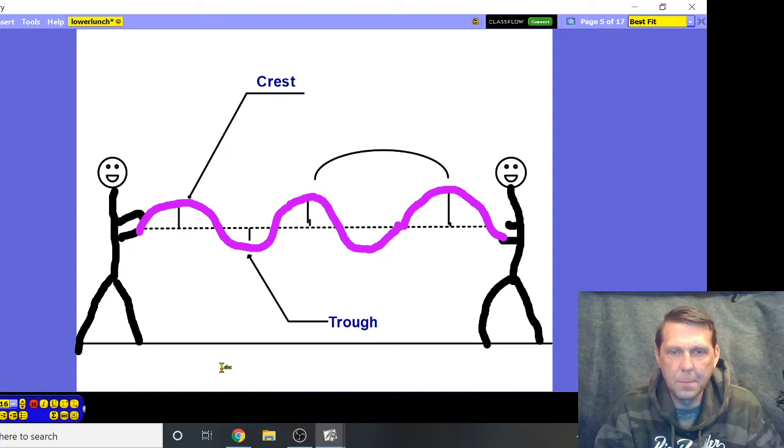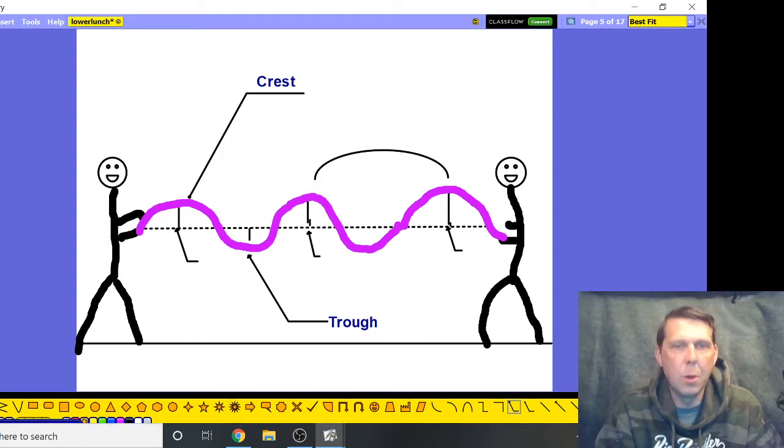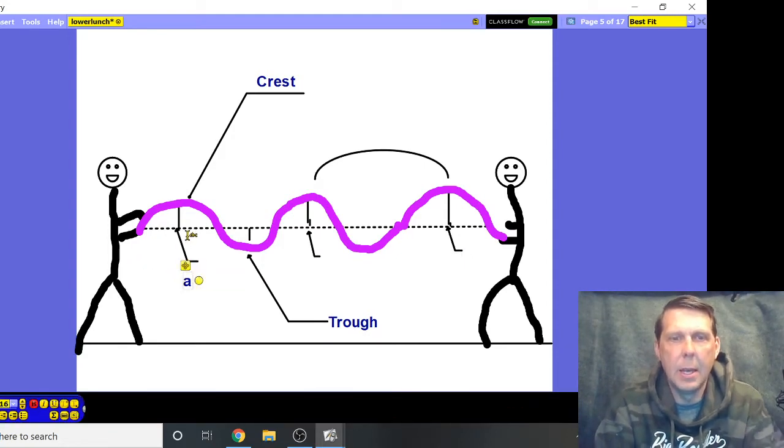So we're going to put another shape in there, right there. I'm just going to put AMP for short, but we know we're talking about amplitude. You may have even heard of an amp.